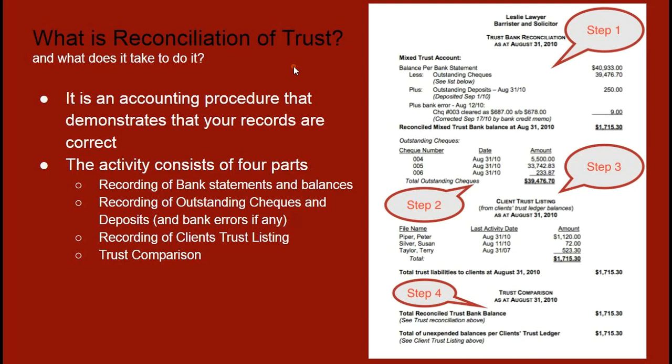Or you've got the retainer, you went and directly deposited it into the bank, but you have not yet written it down or informed your bookkeeping system of that event. In all these cases, we're just looking to ensure that there's transparency and a bit of matchmaking between the bank and your book system. So that's really recording what are the outstanding checks and deposits, including any bank errors that may happen, right?